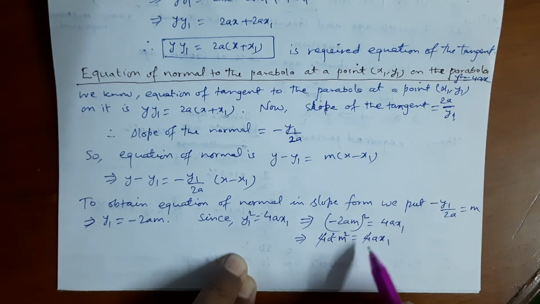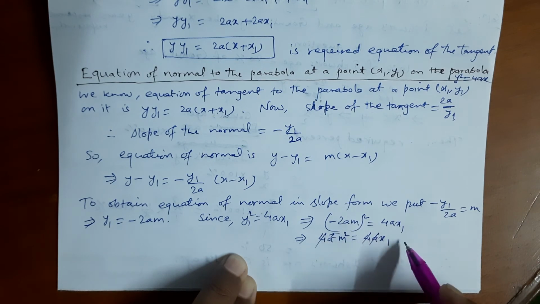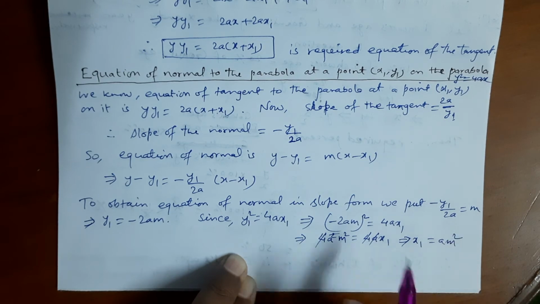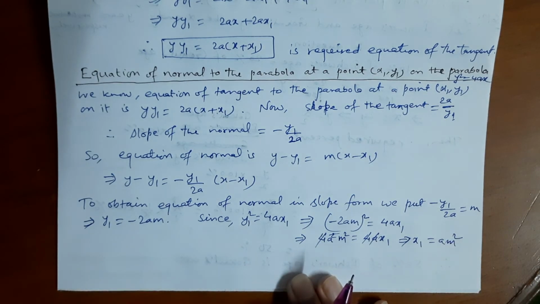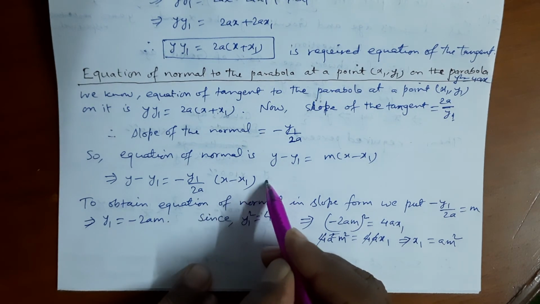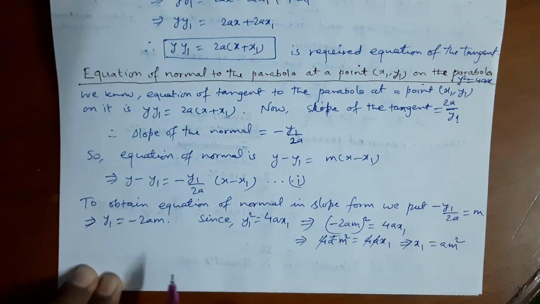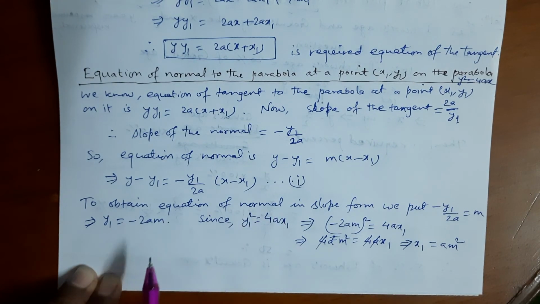Cancelling, x1 equals a m square. Call this equation 1.